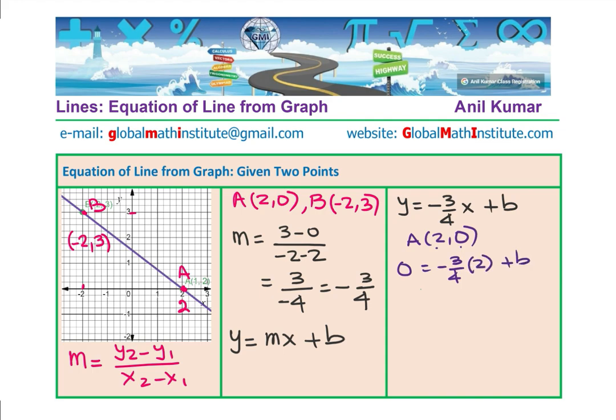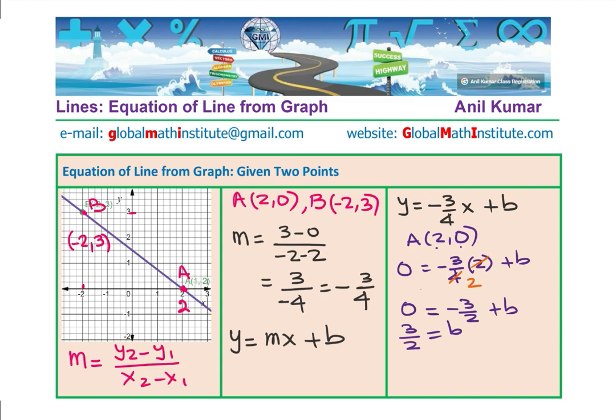Now, this can be simplified, as you can see. 2 goes 2 times, and so we have 0 equals minus 3 by 2 plus b, or we can write 3 by 2 equals b, right? So the b value is 3 by 2.